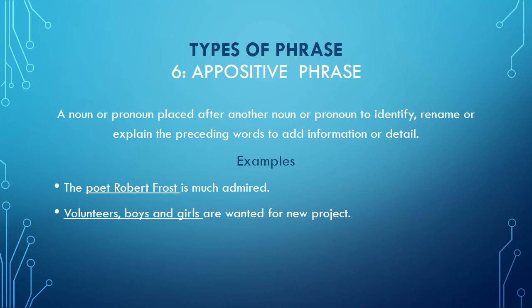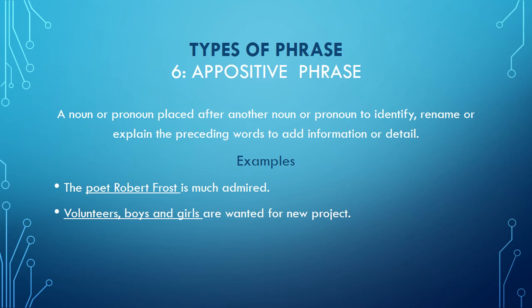And the last type which I'm going to discuss is the appositive phrase. Appositive means related to opposite. So it is defined as a noun or pronoun placed after another noun or pronoun to identify, rename, or explain the preceding words to add information or detail.